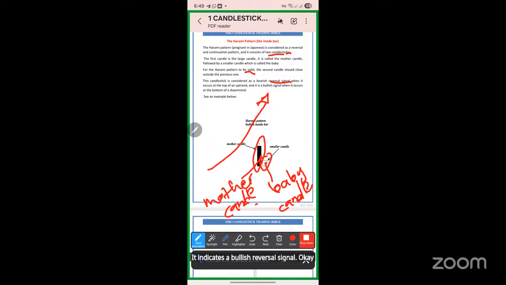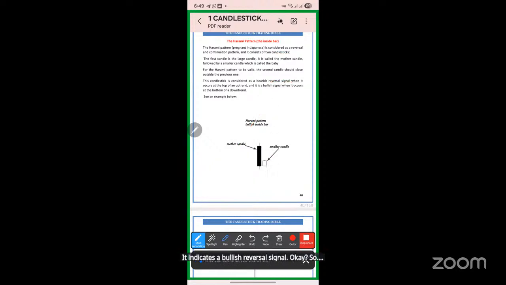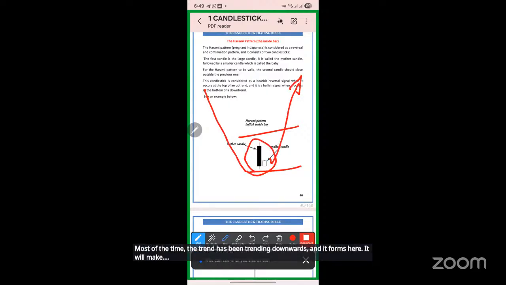Once you look at this pattern, and you find it at the beginning here, most of the time the trend has been trending downwards and it forms here, it will make the market reverse to the upward side.